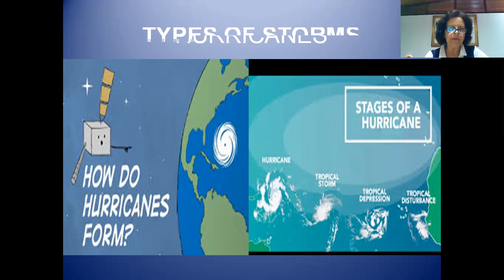Hurricanes are closely watched by the NOAA, which is the National Oceanic and Atmospheric Administration of the United States, located in the state of Florida. They study daily what kinds of disturbances occur in the Atlantic Ocean. Hurricanes will start to form due to a tropical disturbance off the coast of Africa.